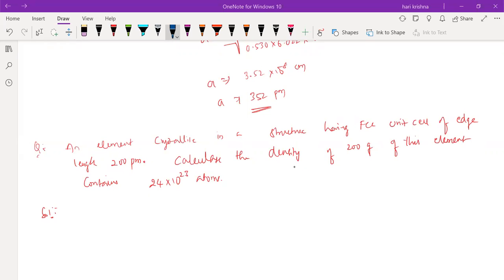Okay, solve it. This is a direct formula only. They have already given the N_A value, the edge length value, and the mass also. Just substitute these values in the above formula and you'll get the answer. Do it fast.